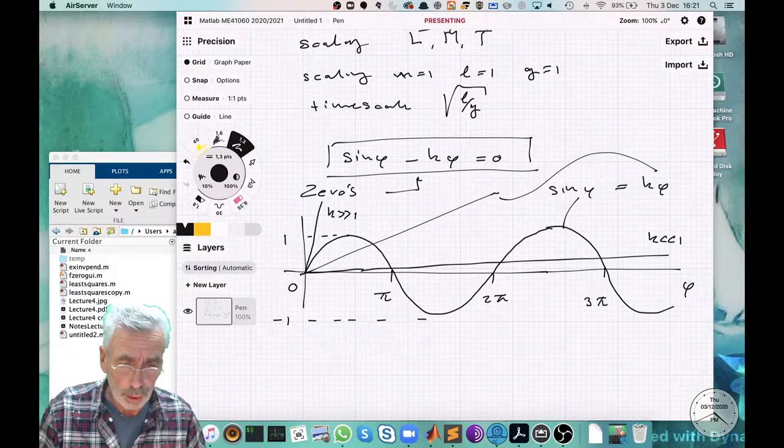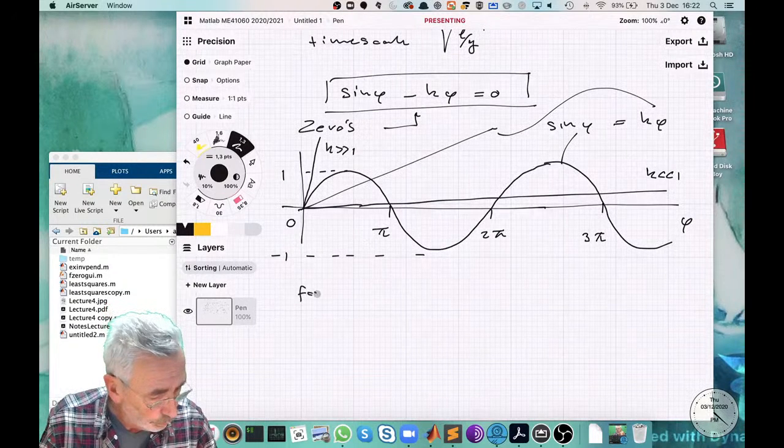Okay, so then we have to solve this nonlinear equation. So given some k, for instance, suppose we start with k equals 1/2, for various k's, solve sine phi minus k phi is 0. For instance, you want to solve sine phi minus 0.1 times phi is 0.